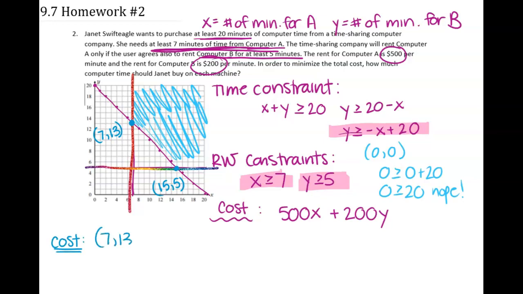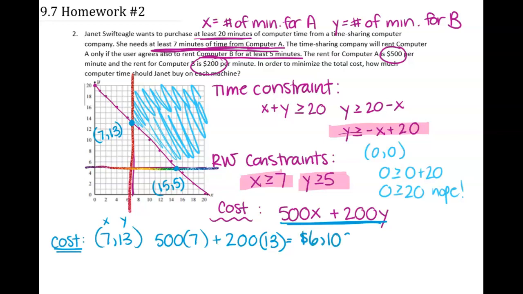For 7, 13, so x is 7, y is 13. 500x plus 200y is 500 times 7 plus 200 times 13, which is 6,100.